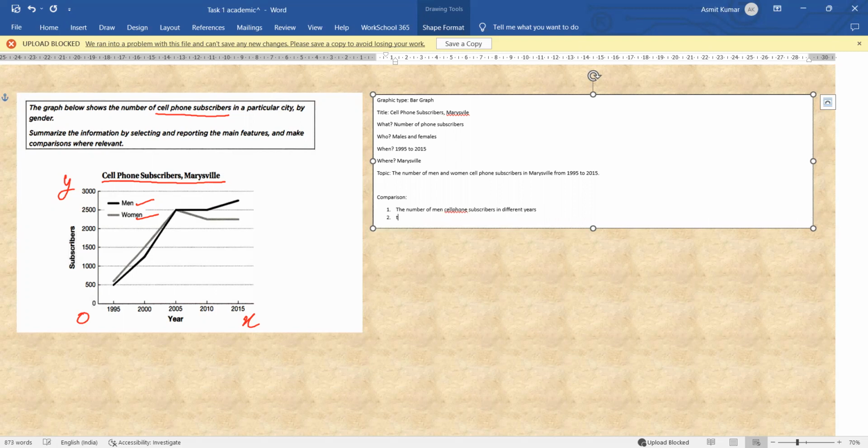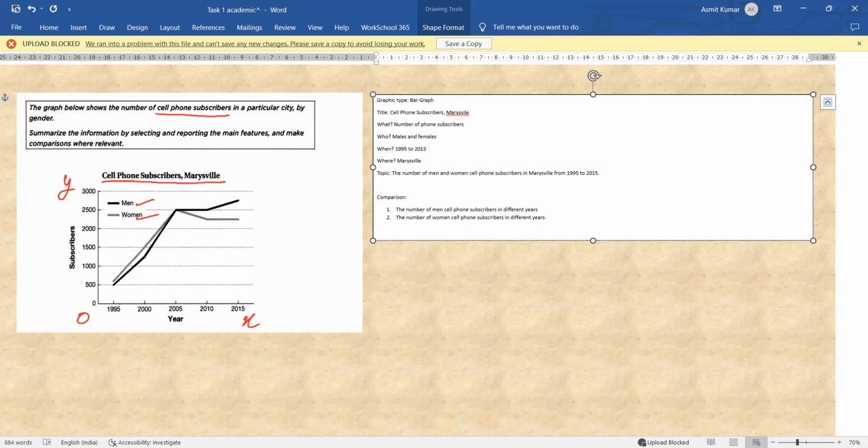And the second one is the number of women cell phone subscribers in different years. So we have already written this. Now, how can we compare it? First of all, we are going to make points for this comparison.